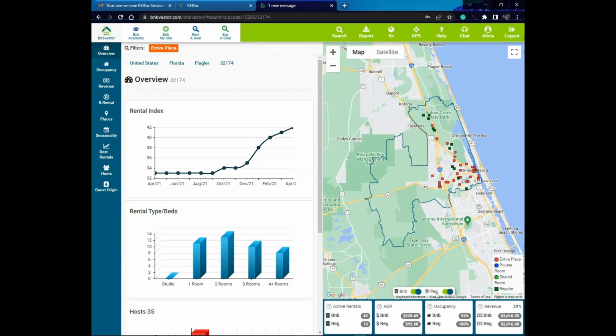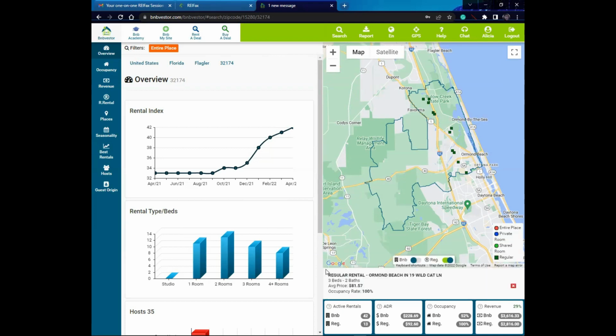I can turn off the BnB rentals, and these properties are being rented regularly for a year, or 6 months with a regular lease, the rentals that we are all accustomed to. If I click on one of them, I will see the actual property and a bit of a description, but remember that they are green, so they're not being rented per day.